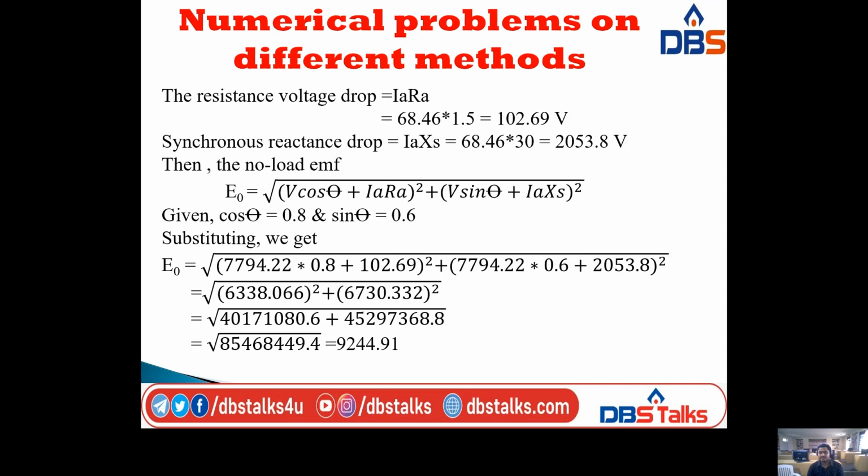In the V place, we substitute the phase voltage, that is 7794.22 into cos phi value 0.8, plus the IaRa drop, which is 102.69 volts, whole square, plus 7794.22 into sin phi value 0.6 plus the synchronous reactance drop, 2053.8 volts.